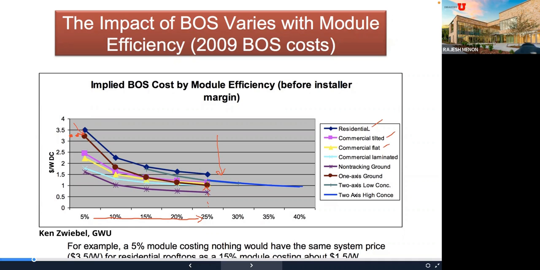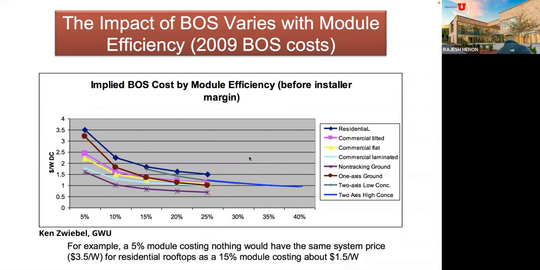Of course, with concentration, you can get higher efficiencies. So some of these, of course, scale faster than others. But a very interesting conclusion that came in this study is what I picked out in the bottom.